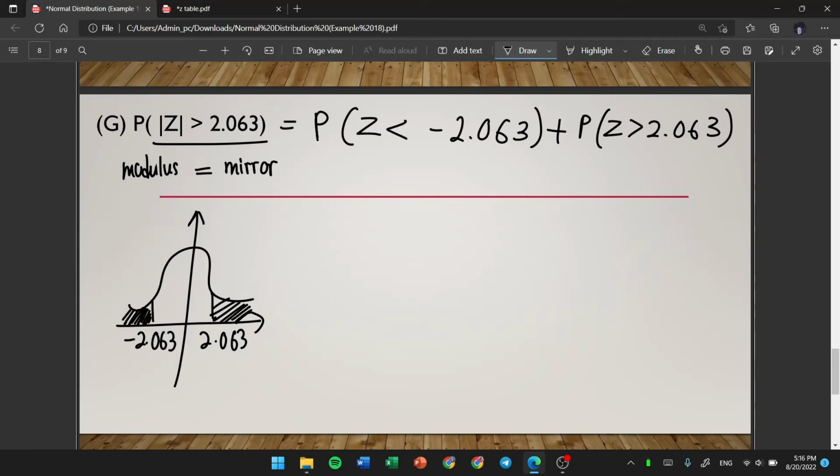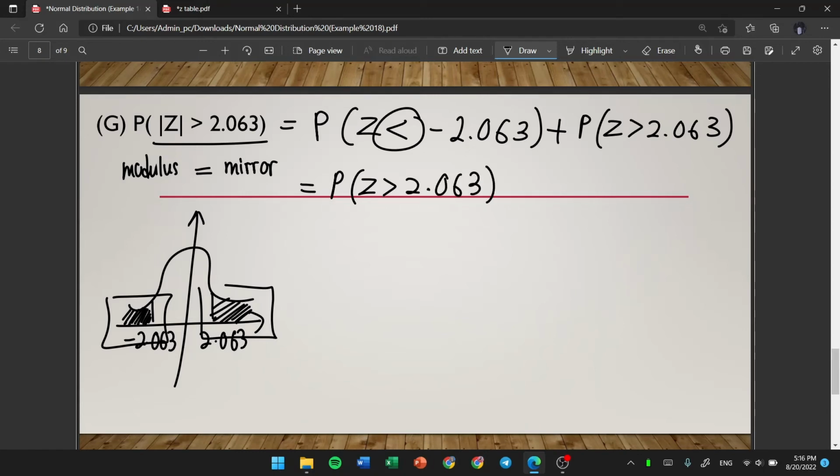So can you see now, P(Z less than) is this part here, plus P(Z greater than), it's this part here. That is why you will get 2P. Then remember, we cannot have the less than symbol, right? So we change to more than 2.063, because we know that left is equal to right. Both are reflected.